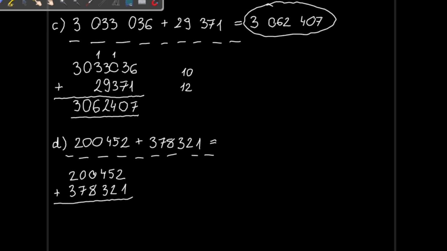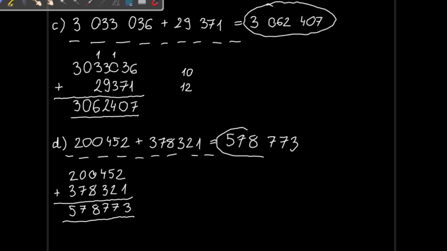Alright, so 1 plus 2 is 3, 2 plus 5 is 7, 3 plus 4 is also 7, 8 plus 0 is 8, 7 plus 0 is 7, and 3 plus 2 is 5. This one was very simple. So 578,773. That's the result here.